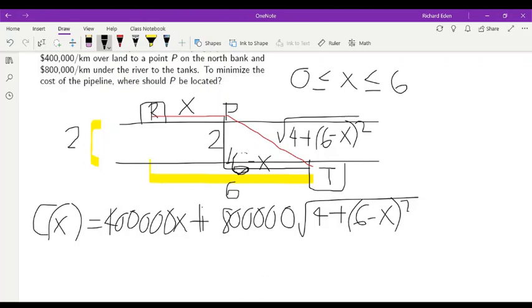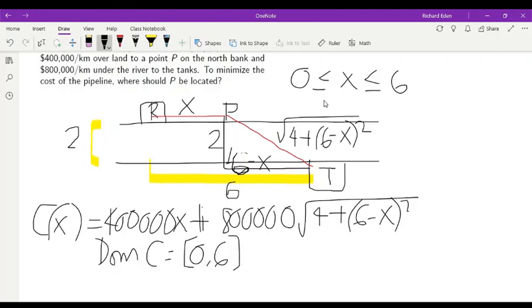I'd also like to point out that when x is 0, you account for one of the extreme situations earlier. If x is 0, so P is on R, then the pipe system is straight from R to T. On the other hand, if x is 6, that's going to put point P across from T on the north bank of the river. So you have it. Our domain is the closed interval from 0 to 6.